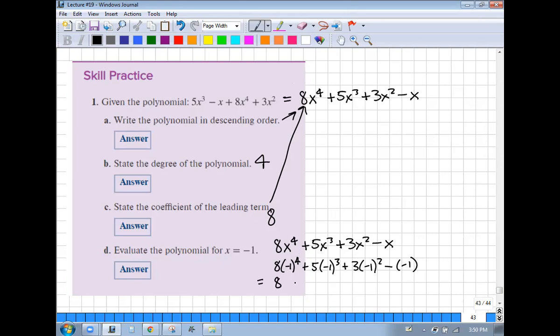So we're just left with the 8. -1 cubed, 3 minuses leave us with a minus. So we end up with a -5. -1 squared is +1. So we're left with the 3. And a minus and -1 is +1. So if we add these all up, 8 minus 5 is 3, plus 3 is 6, plus 1 is 7.